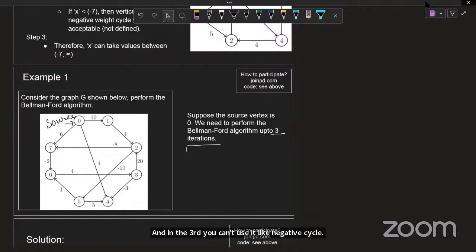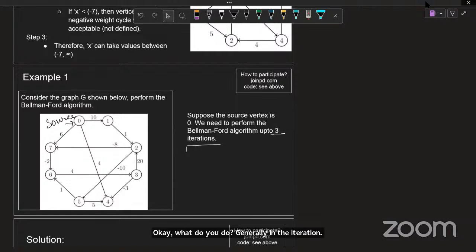Okay. And one more thing, how many times do you iterate the Bellman-Ford? Well, number of vertices. Number of vertices plus 1. No. What do you do generally in the iteration?